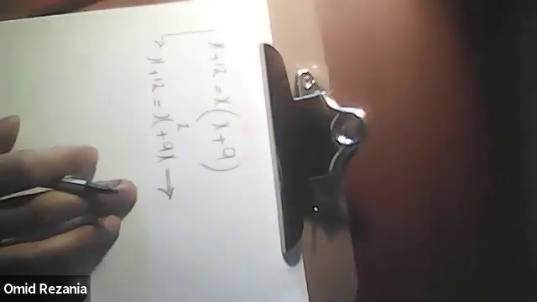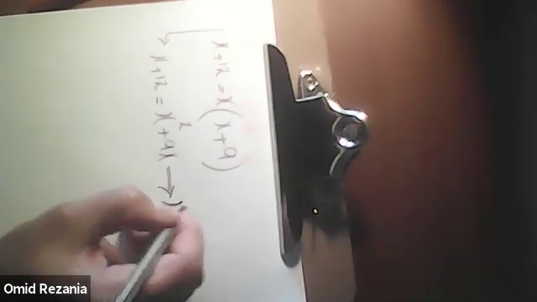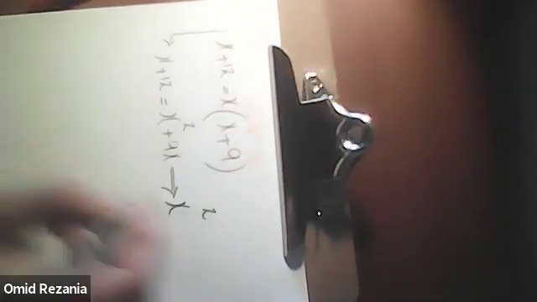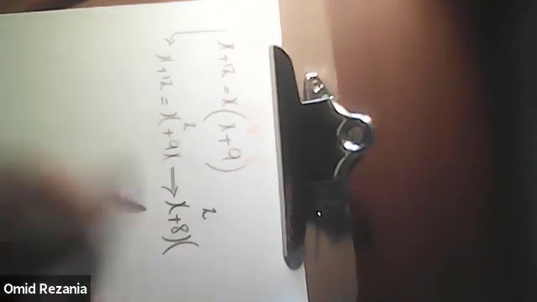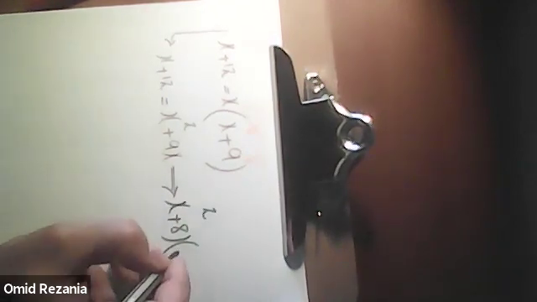Then you see that we are getting so close to our popular form of a quadratic function, which is going to be x squared. I take x to the other side, becomes minus x, then I get plus 8x. Then I get 12 to the other side, becomes minus 12, equal to 0. Correct?